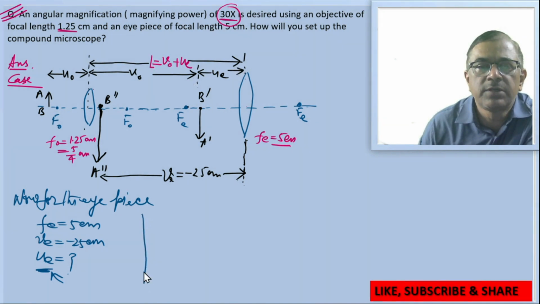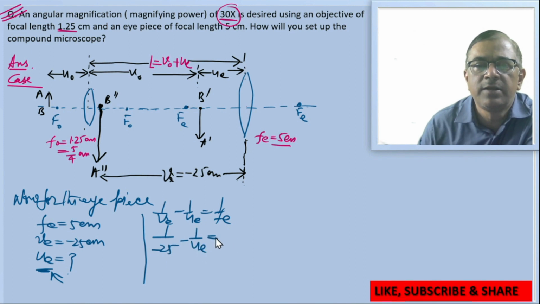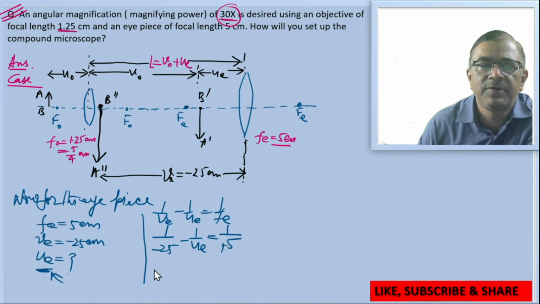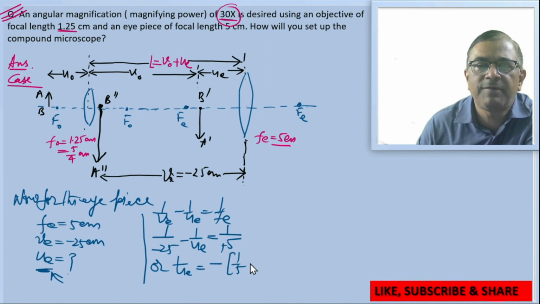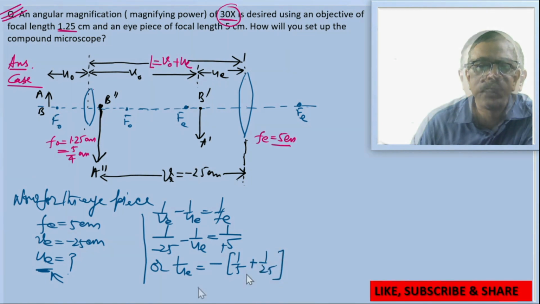Now let's use the lens formula for the eyepiece. So 1 by VE minus 1 by UE equals 1 by FE, and the value VE equals minus 25, minus 1 by UE is to be calculated. So this equals 1 by FE, which is plus 5, or the value 1 by UE equals minus 1 by 5 plus 1 by 25.